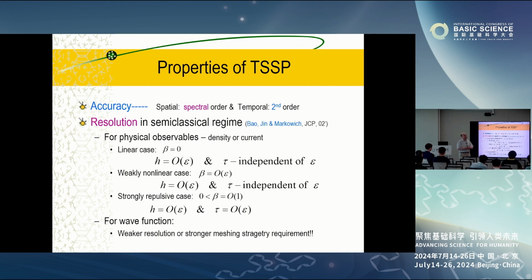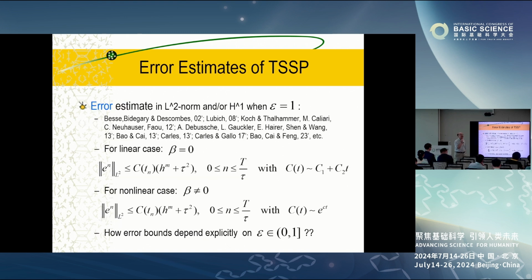So in the semiclassical regime, even for the nonlinear case, they have optimal resolution in terms of the observables. And for the linear problem, if you only care about observables, they have a kind of super resolution in time. At that time this was a surprise to a lot of people in some sense.